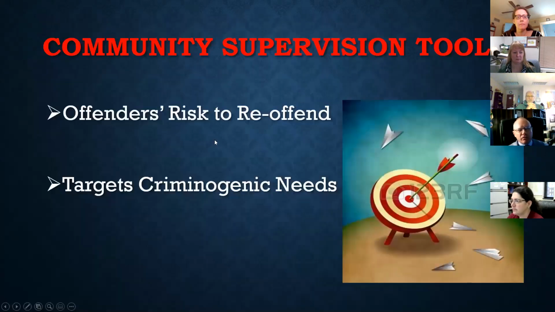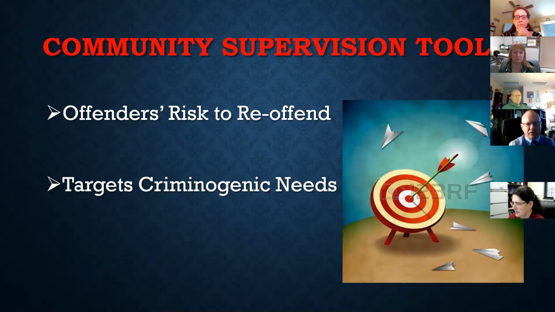Okay, so now we're going to move on to the community supervision tool. In the way the ORAS works, if you score a high on the risk screening tool, then you're required to have a full-blown assessment, what we call the community supervision tool, which is the fourth generation risk needs responsivity assessment. And that gets assigned to a probation officer where that individual resides.